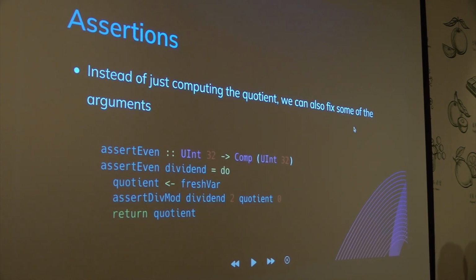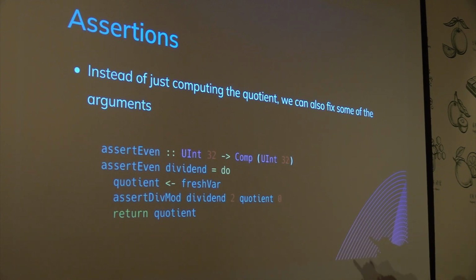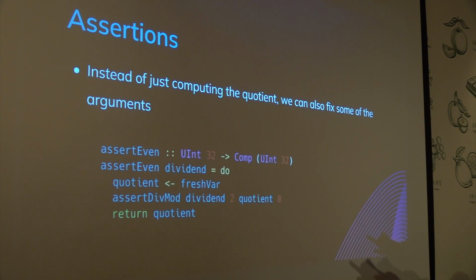Another thing I think is interesting about this example is that because Keelung is not describing a one-way computation, it's actually describing the relation between variables, so we can do this kind of stuff. What this program does is assert that there exists a certain quotient such that when you multiply it by 2, you get the dividend.